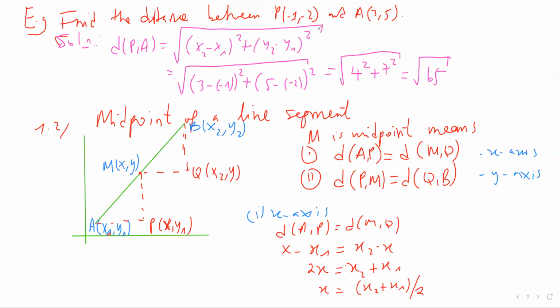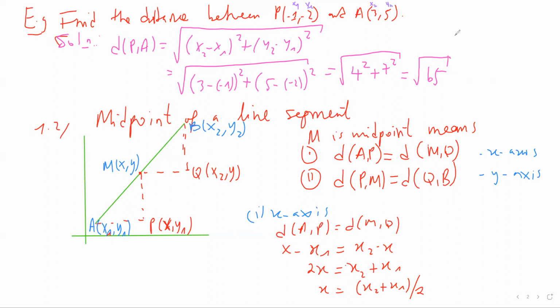It's the square root of the sum of squares along the x-axis and along the y-axis. So you take x1 and x2 and find the difference, then square it, and you sum this with the same along the y-axis, taking y1 and y2. That gives you the distance between these 2 points A and B.